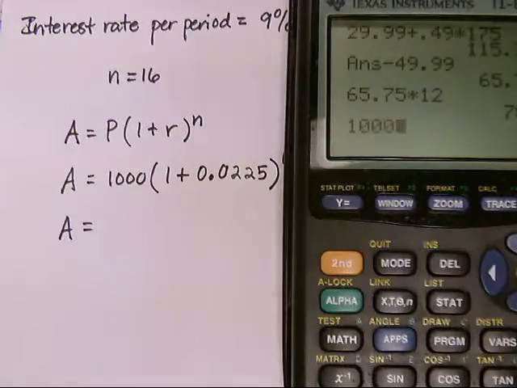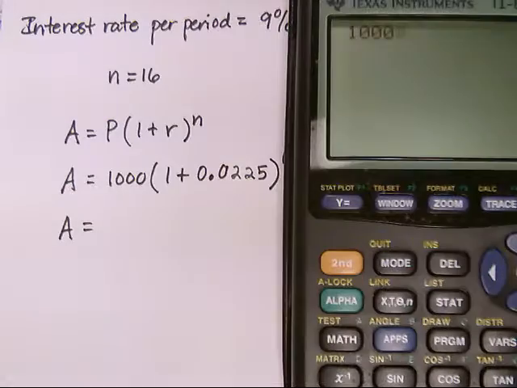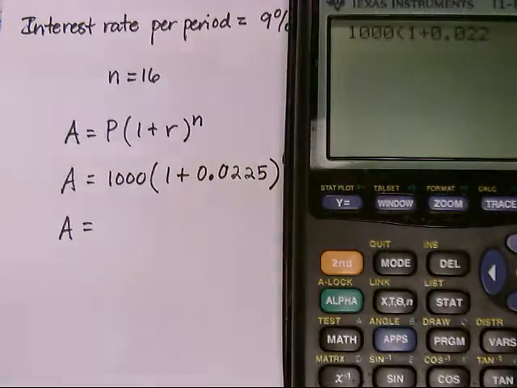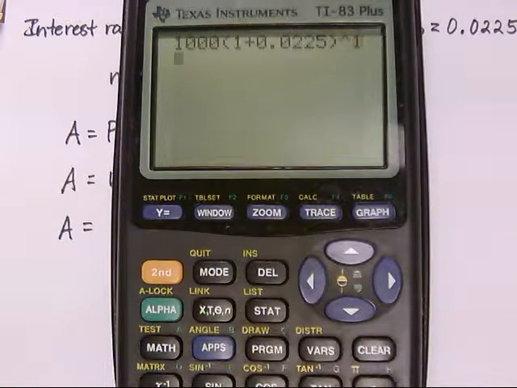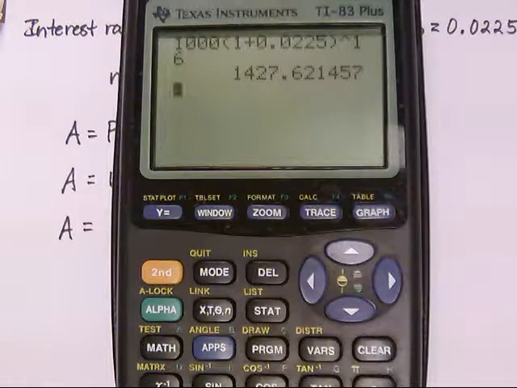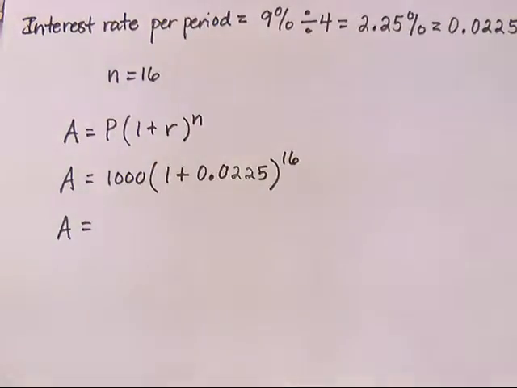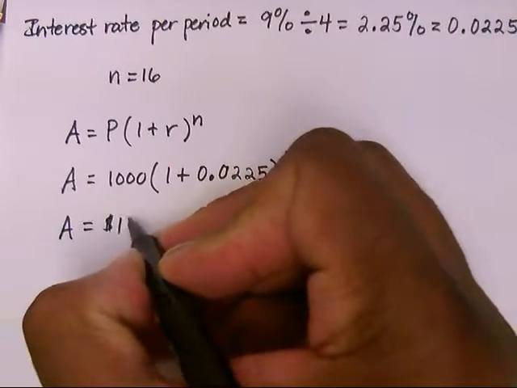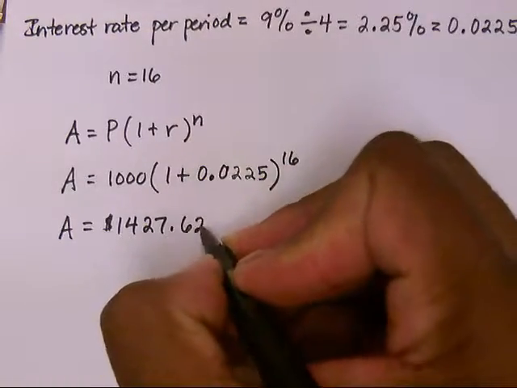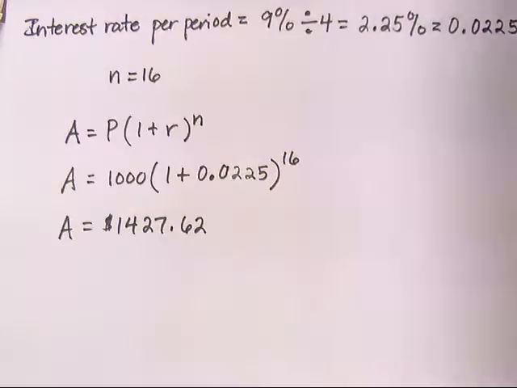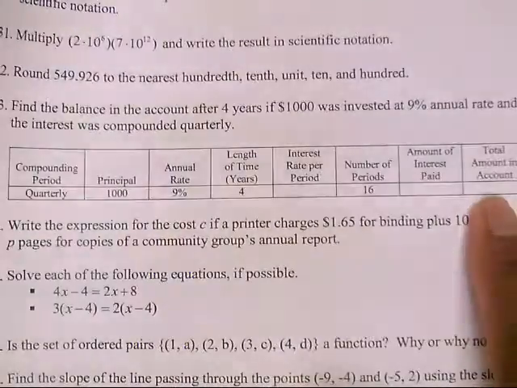This will be 1,000, then left parentheses, 1 plus 0.0225, close parentheses, and that's raised to the 16th power. And that will be the total amount in the account. To 2 decimal places, that will be 1427.62. So we're talking about $1,427.62. That's the total amount, which goes into this box right here.